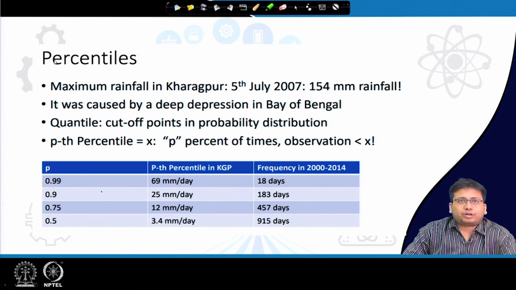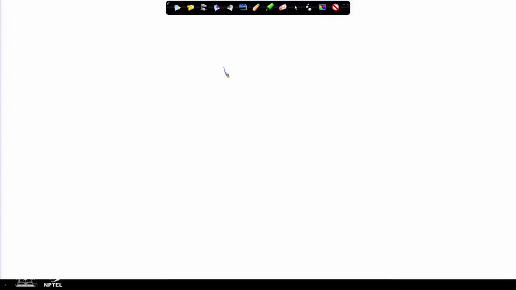So, quantile is basically, suppose we have some kind of a probability distribution, let us say something like a PDF. If we draw a figure like this, let us say this is some kind of a probability distribution.